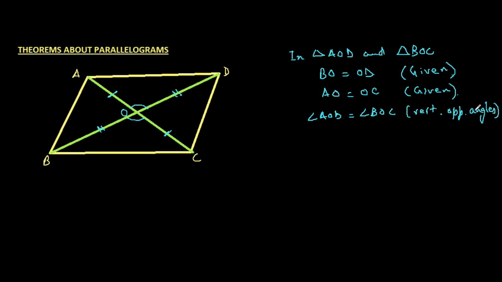So what do we have here? We have BO and OD. So these are sides of a triangle. So we've got a side here, AO and OC. These are again sides. And this angle, that's an angle, and you see that the angle is included between these two sides. So I can say that these two triangles are congruent by SAS congruence rule.